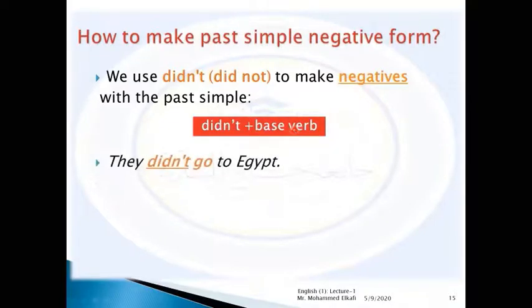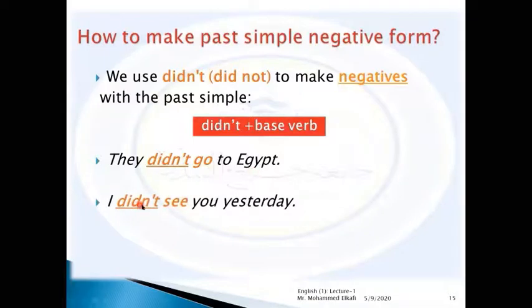So let's think of the form, okay? They, the subject, plus didn't plus the base form of the verb, go. So they didn't go to Egypt, and it is a negative form. I didn't see you yesterday.